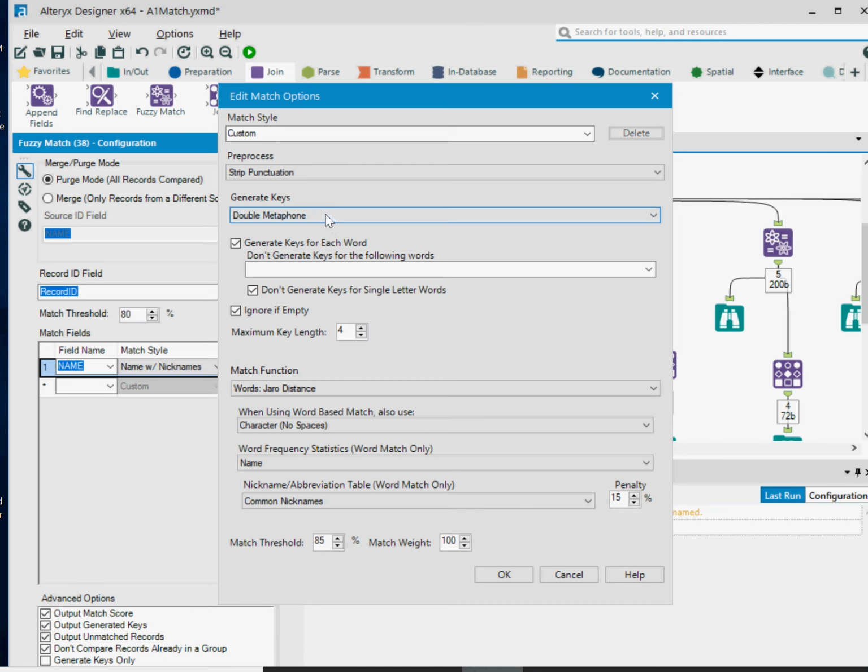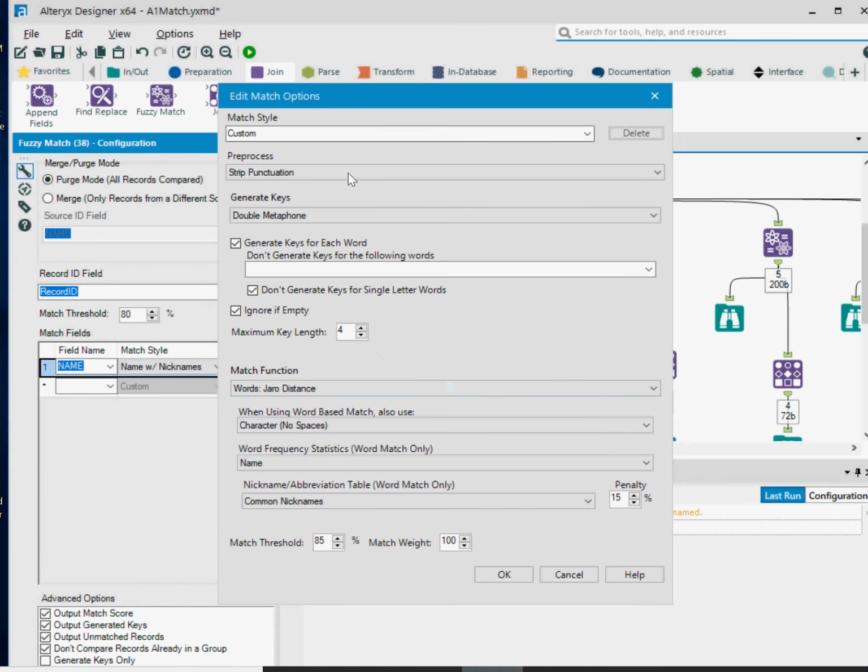Key generation: think about a key this way. I'm going to take this name, William Flanagan, Bill Flanagan, and generate a key, a bucket, so that I have a universe of records that are similar based on this key, and then use the matching functions below to determine whether we have a good match.